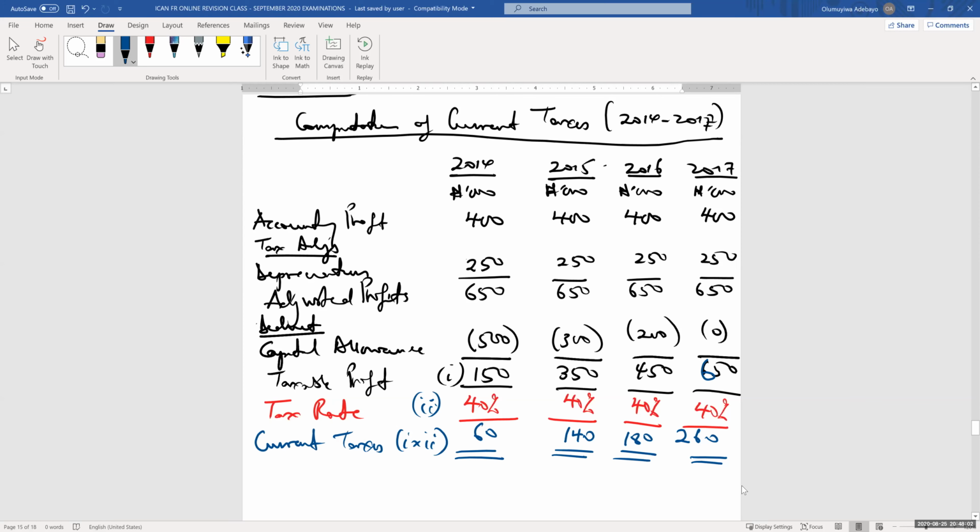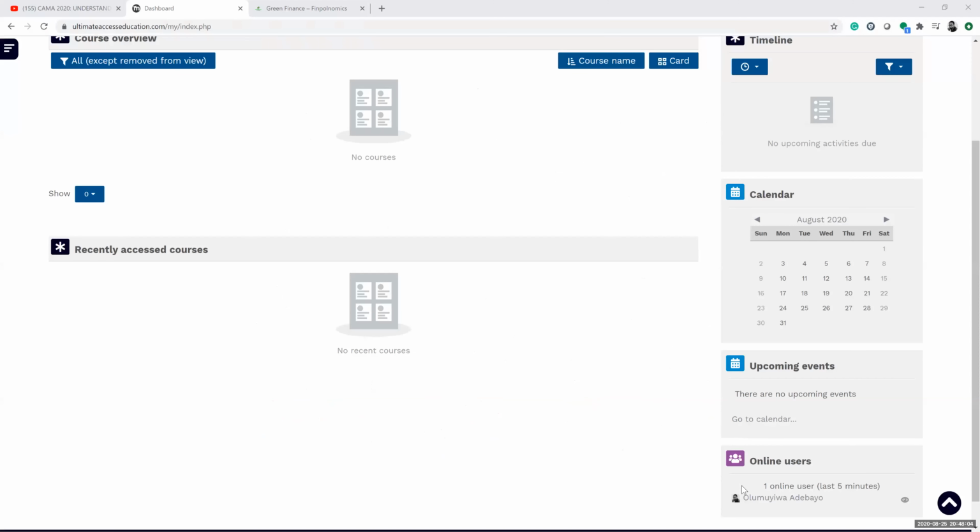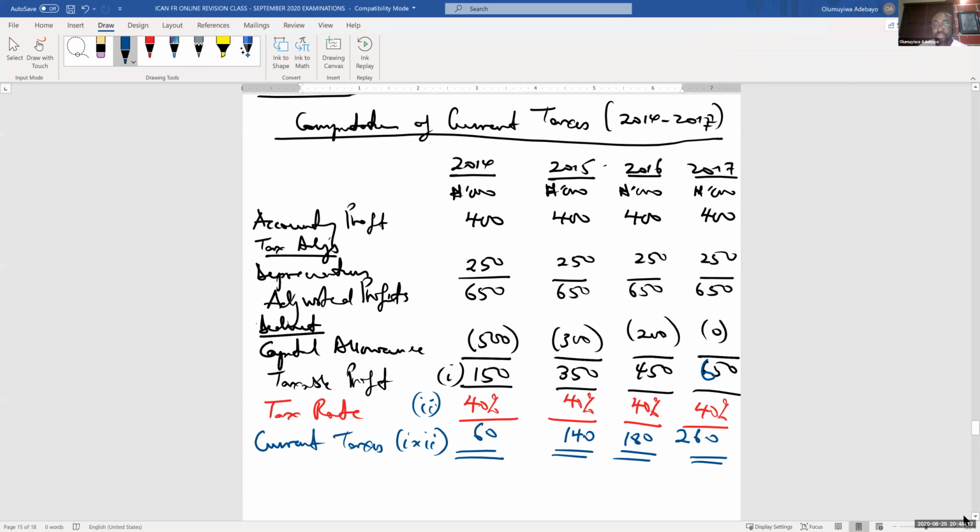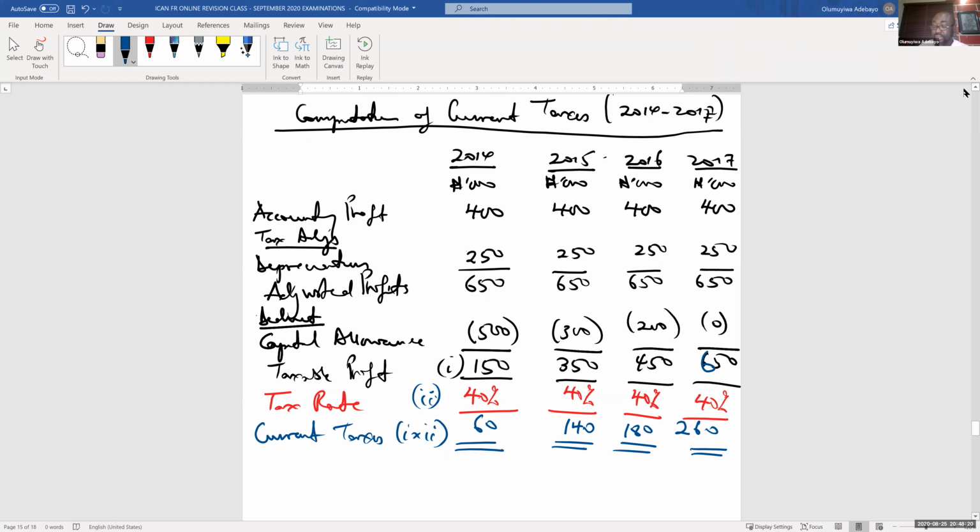Now let's attempt the second question. The second question says, deferred tax for the relevant period. That is the B aspect of the question. We label this A. This is the A part of the question.